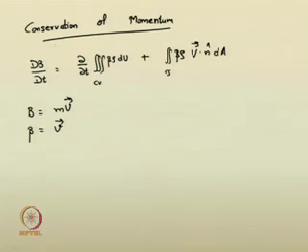If you apply the extensive property as momentum, you will see that the left hand side is the rate of change of momentum in the control volume.